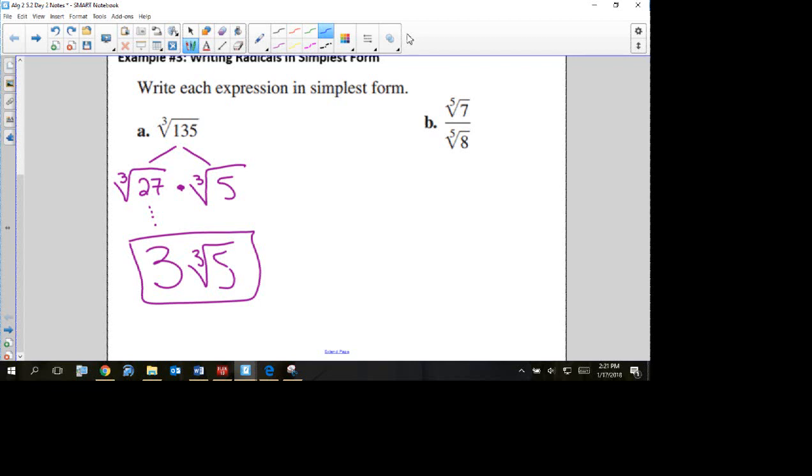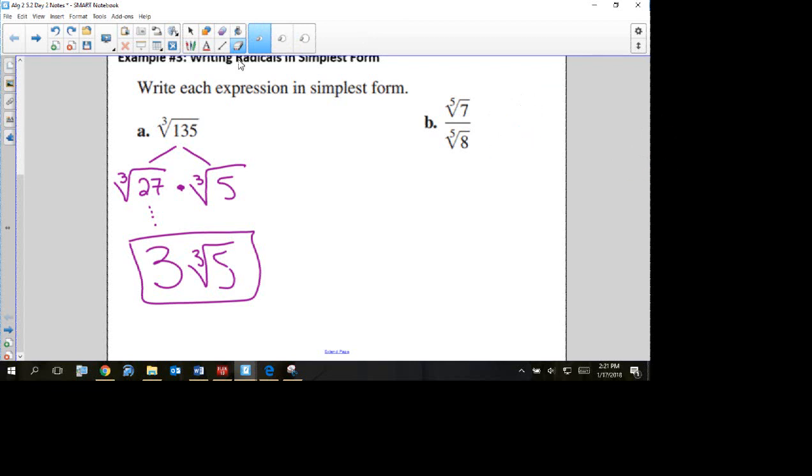So if the directions say write it in simplest form, you can't leave a radical down there. If I rewrite this as fifth root of 7 over fifth root of 8, that's still a radical in the denominator because it breaks apart and it's still in the denominator. So we have to get the denominator to be no radical at all. I'm going to show you how to do that.